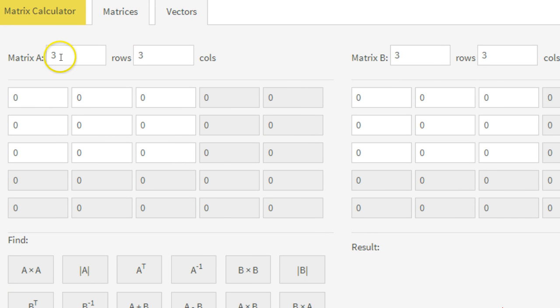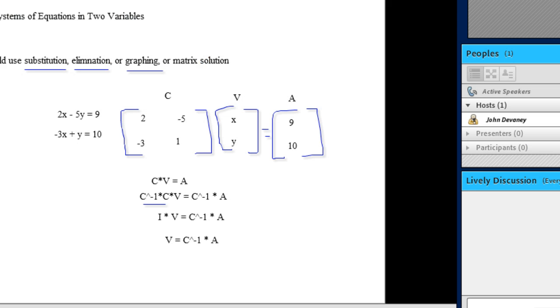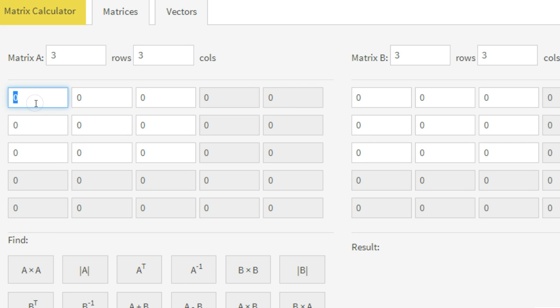So first off, pay attention to the fact that our matrix is a 2 by 2, so it's 2, -5, -3, 1. And our answer matrix is going to be rows, so it's a 2 by 1, and it's going to be 9, 10.